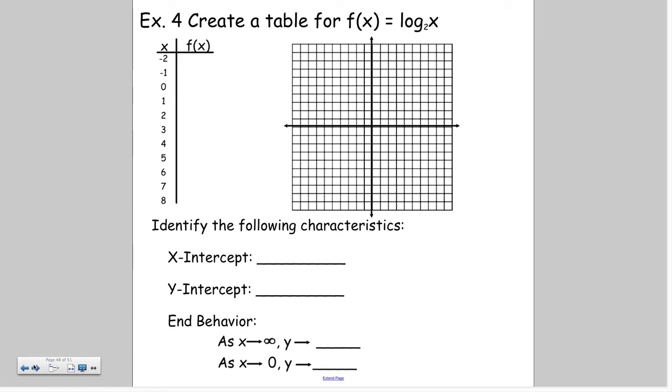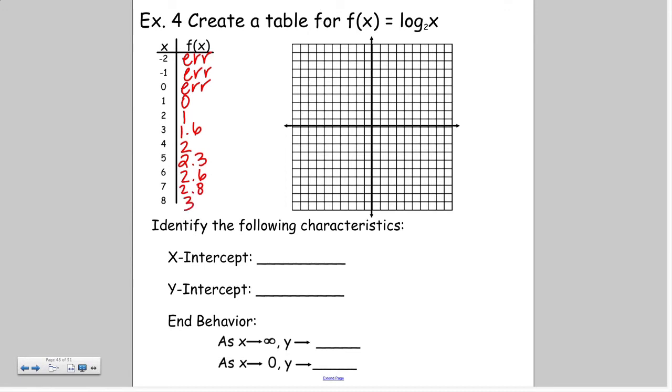So when I plug log base 2 of x in my calculator, this time your t-chart starts at negative 2 and goes to 8. And you're going to get some pretty long decimals. I'm just going to round as easy as I can to the tenth place.